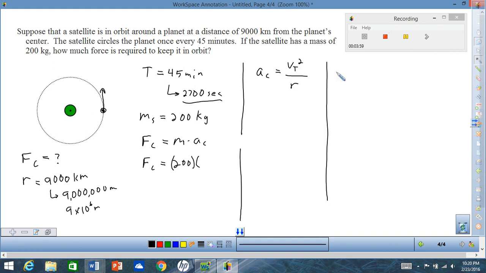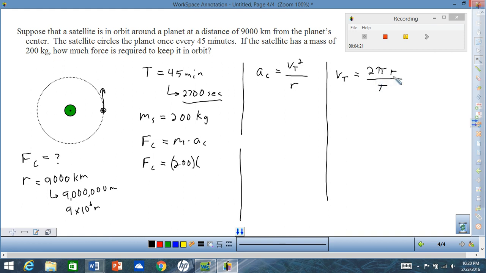Awesome. Well, the radius is there, and the velocity is also conspicuously absent. Well, let's see if we can't find it. And the tangential velocity can be calculated from distance divided by time. The distance the satellite travels will be equal to the circumference of the circle, so that'll be 2 pi r, and then divided by the time, which is the period, and that'll be 2,700 seconds.